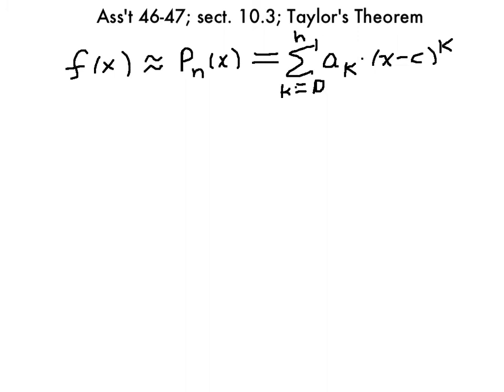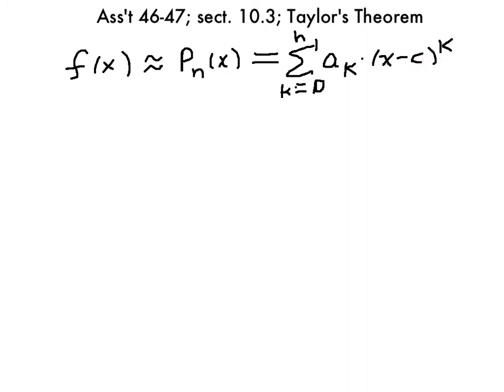Now we're going to be digging a little bit deeper into the whole idea of Taylor series, and what we'll learn about is the error that we get when we use a Taylor polynomial of degree n to approximate a function f of x. So in other words, a function will be approximately equal to a Taylor polynomial of degree n.